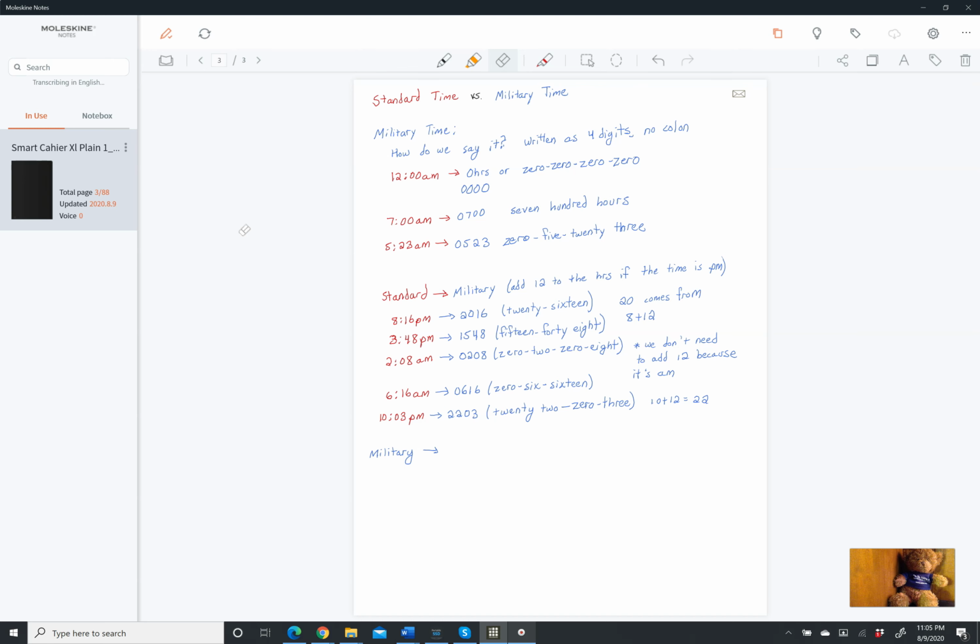And if the first 2 numbers are greater than 12, not greater than or equal to, greater than 12, then we subtract 12 from those first 2 numbers. So we're going from a 24-hour clock to a 12-hour clock where it repeats, okay? So military to standard. So let's do a military time of 0812.